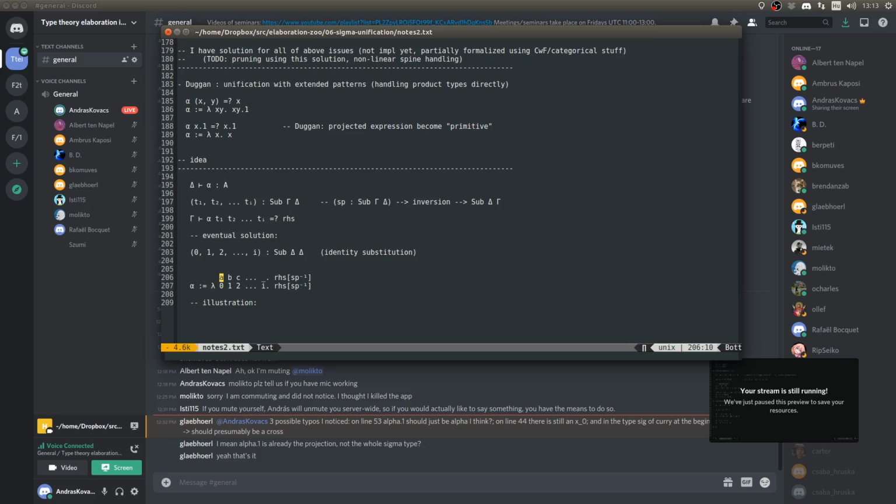For illustration purposes, it helps a lot that we are naming the arguments of the meta solution starting from A, but we are naming the local variables in gamma starting from X. So we have x, y, z, or maybe f and g. So we say that x, y, z, f, g are the vars in gamma.